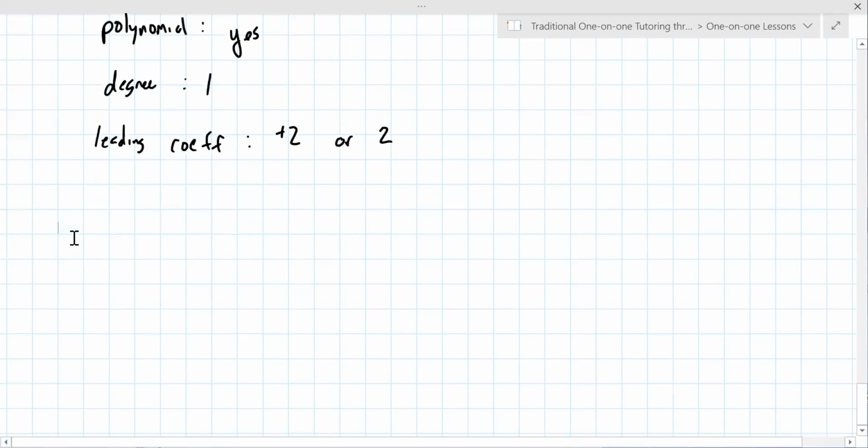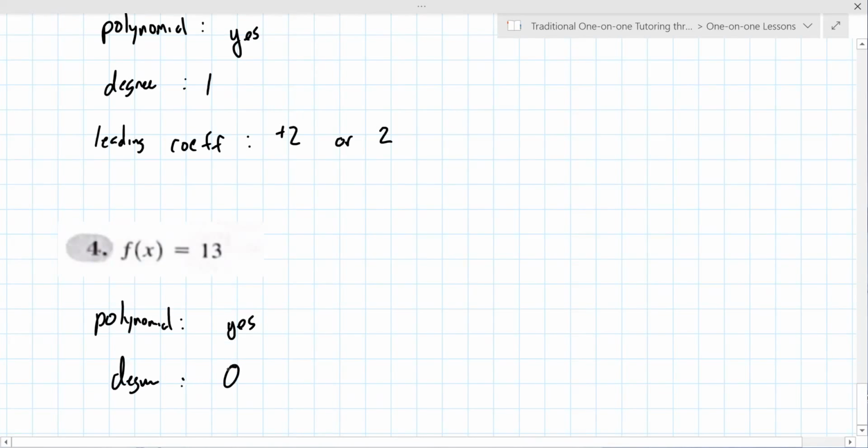This next one, I actually don't know. I want to say this is a polynomial. Is it like x to the 0? Yeah, it's degree 0. But then there's no leading coefficient.